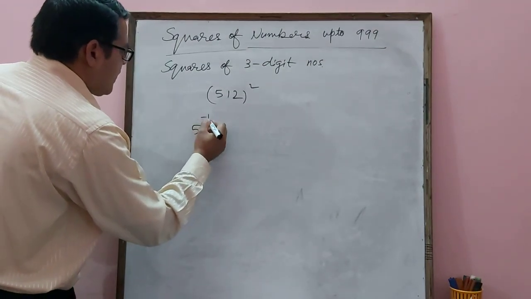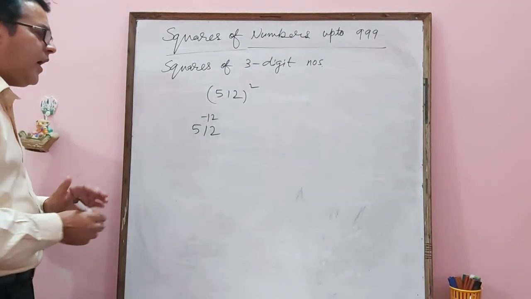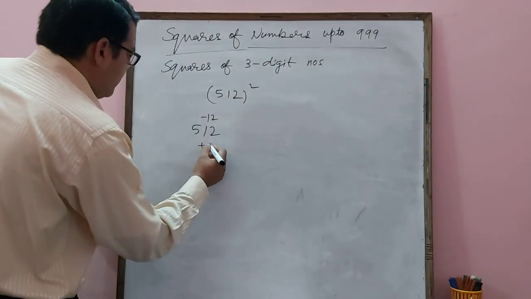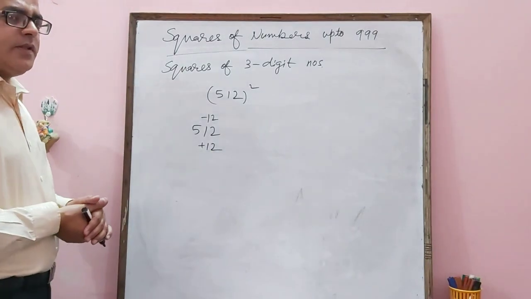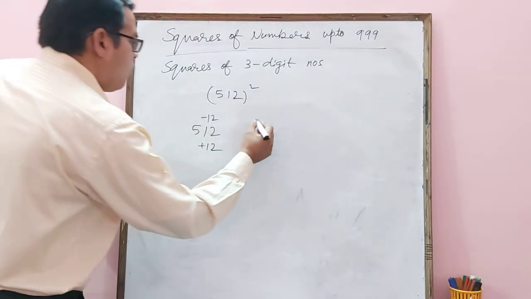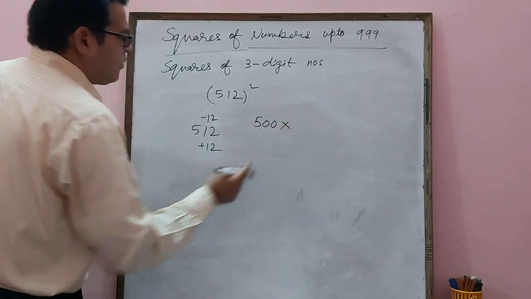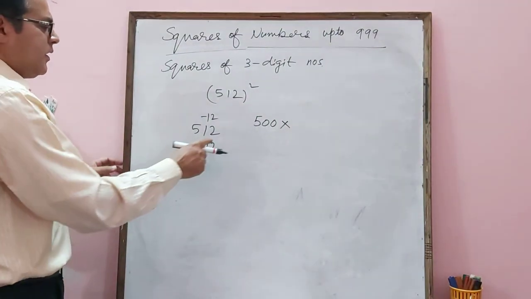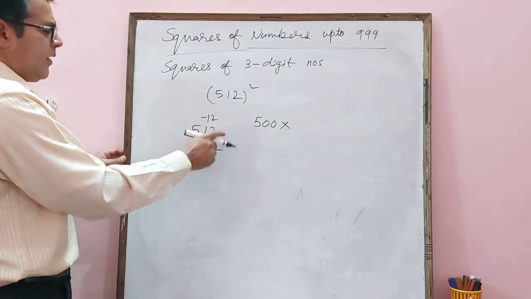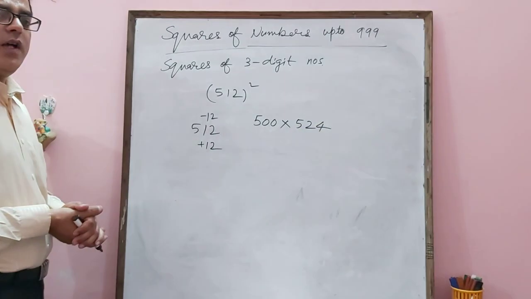If we subtract 12 from 512, we have 500, and to keep the balance we also add 12. Since we are subtracting 12 to get 500, we have to add 12 also, so 524 we have.